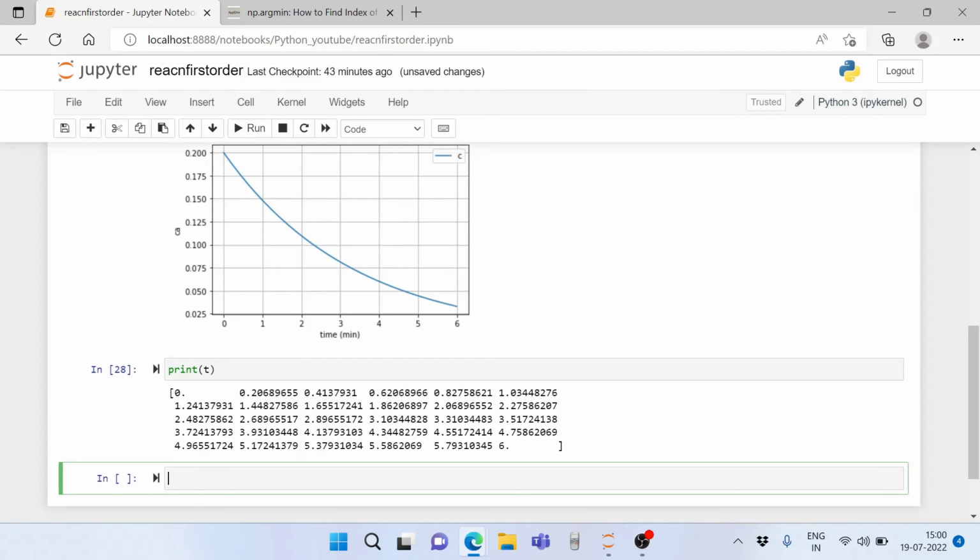Now we would like to know which time is closest to 5 minutes. That would be the concentration at 5 minutes roughly. So for that, we put numpy.argmin, and then we write np.abs(t - 5).